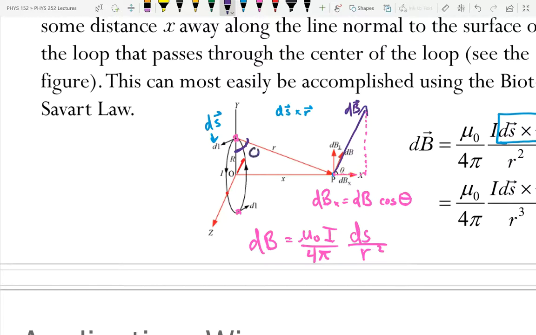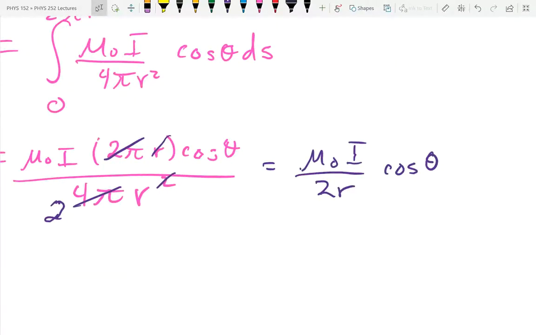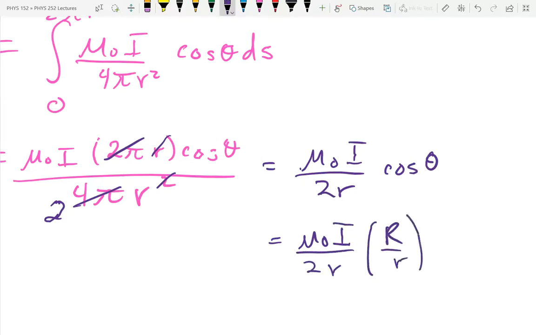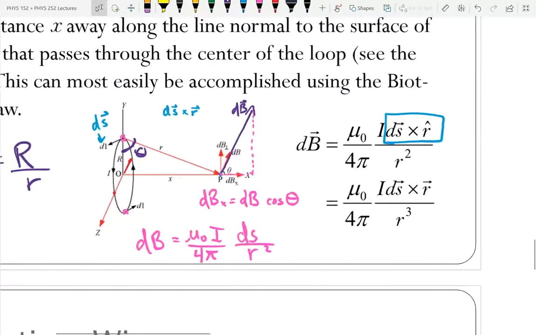And so that means that cosine theta is the radius of my circle divided by r, the distance away. I did put that correct, didn't I? Yeah.